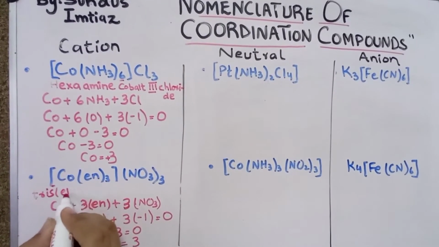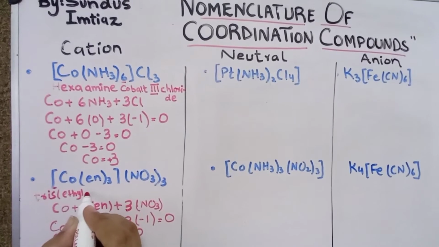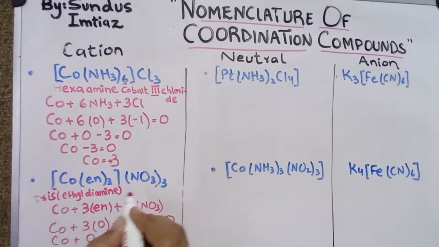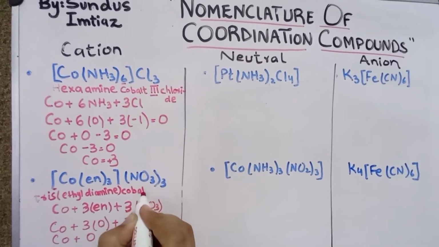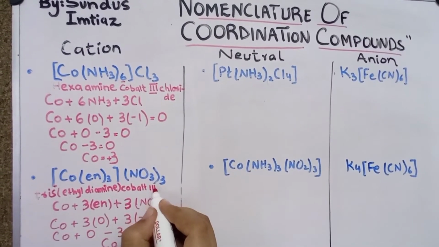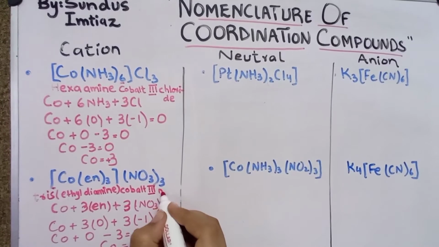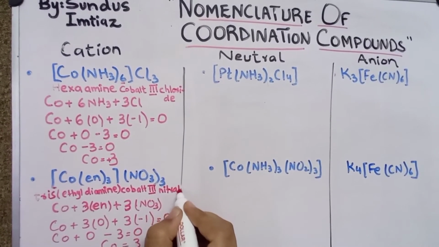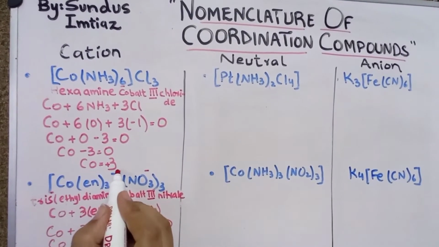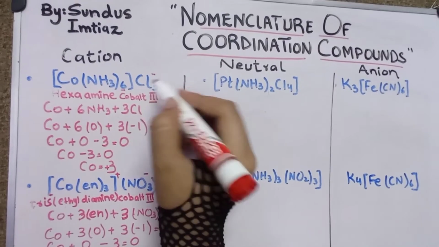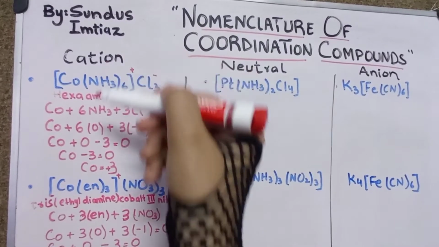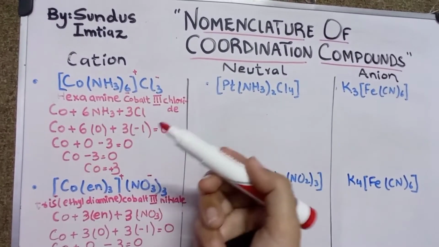Ethyl diamine, cobalt 3, nitrate. Nitrate has negative charge, so this complex would be, of course, positive. Chloride is negative here, so this complex would be positive. That's why these compounds are cationic complexes.